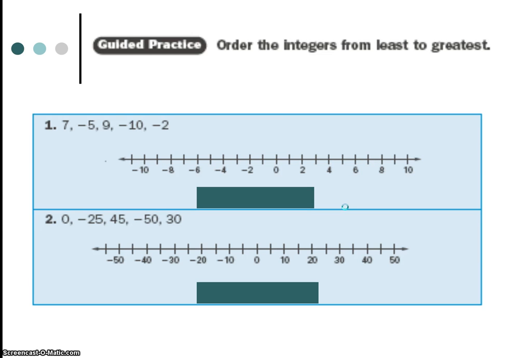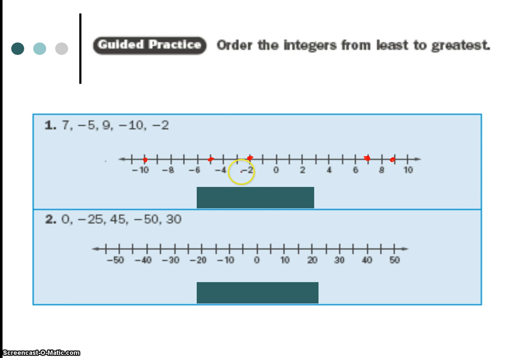Please pause the video at this time and order the integers from least to greatest. If you need to use the number line, please do. Number 1, we have 7, -5, 9, -10, and -2.